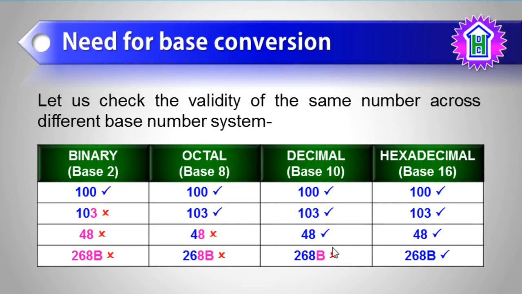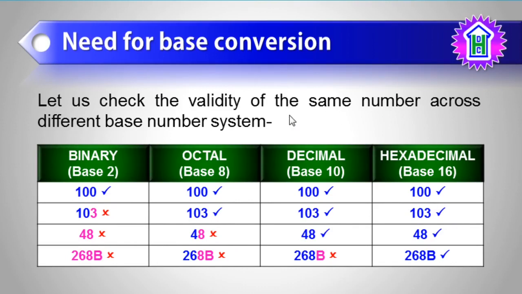Because we cannot represent 103, which is in octal or decimal or hexadecimal, directly in binary by writing 103, there is a need for converting them from octal to binary or decimal to binary or hexadecimal to binary.